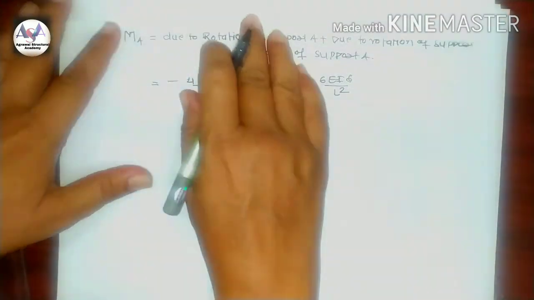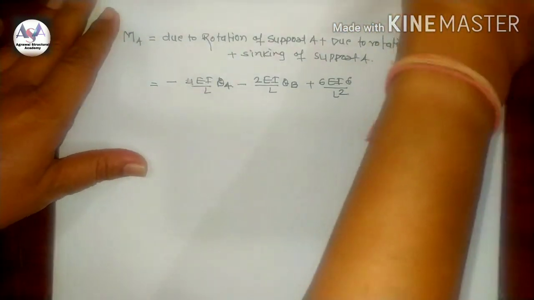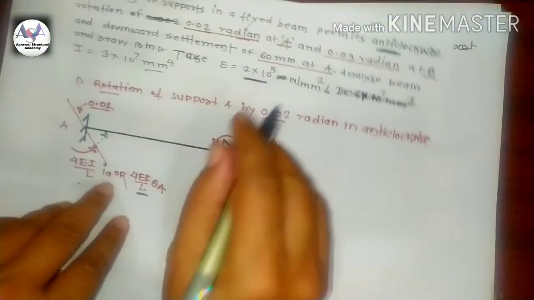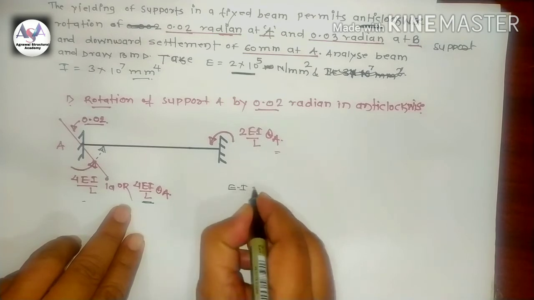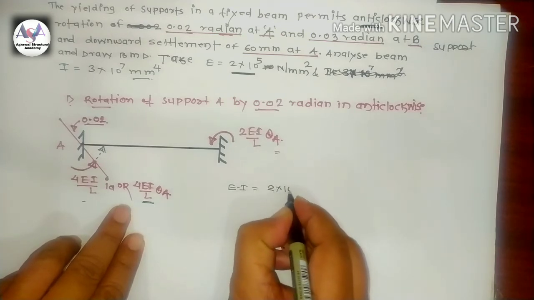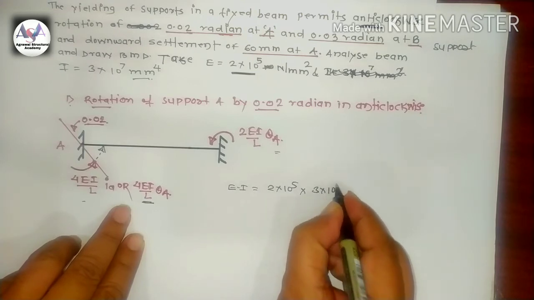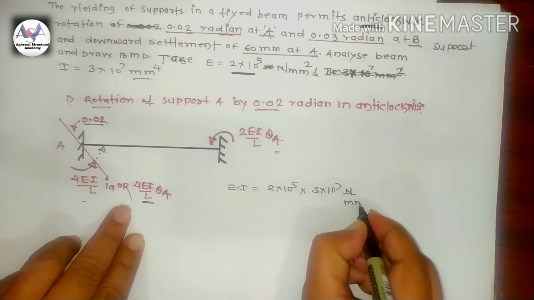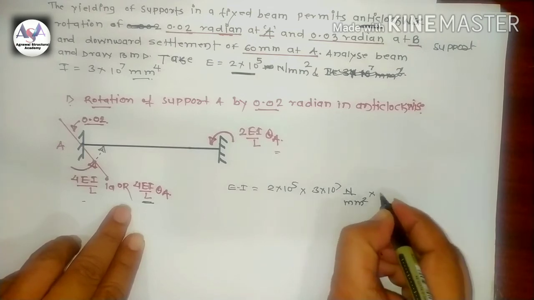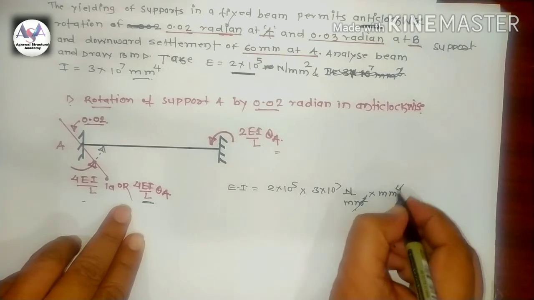Now in the problem the given is E into I. If you multiply E into I, that is 2 into 10 raised to power 5 into 3 into 10 raised to power 7. The units become Newton per mm square into mm raised to power 4; the square gets cancelled.